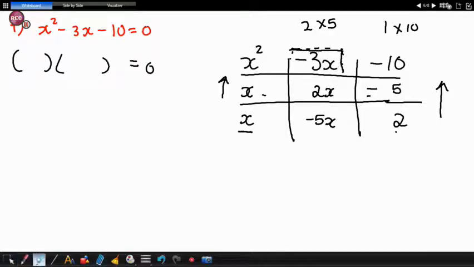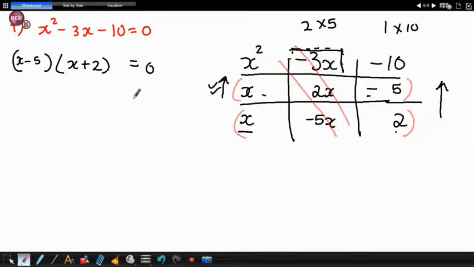Right, so we can go ahead and cancel this and just take this as if they are brackets. So we'll have x minus 5 in the first bracket. As you can see in this first bracket, x minus 5. In the second bracket, we'll have x plus 2.